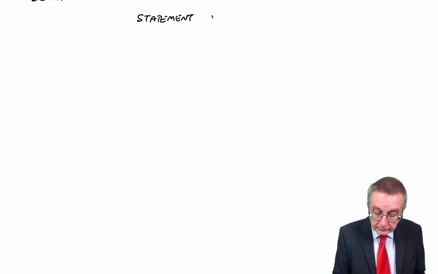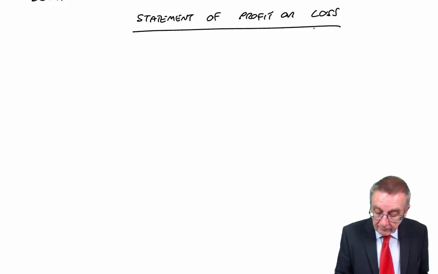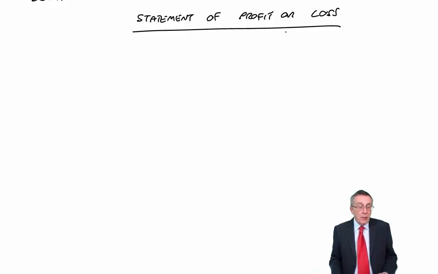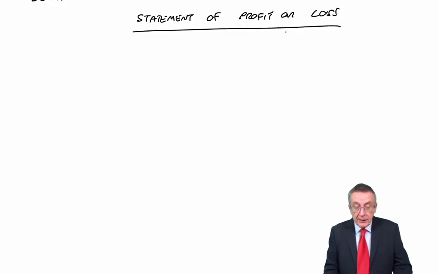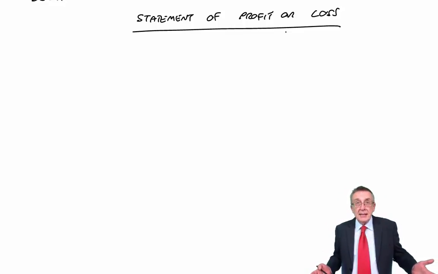Let's first of all do a statement of profit or loss. And to save going up and down the screen and confusing, I'll do my workings actually on the face of it. In the exam, that's fine as long as you're neat.